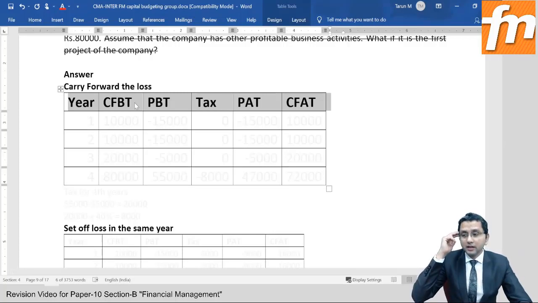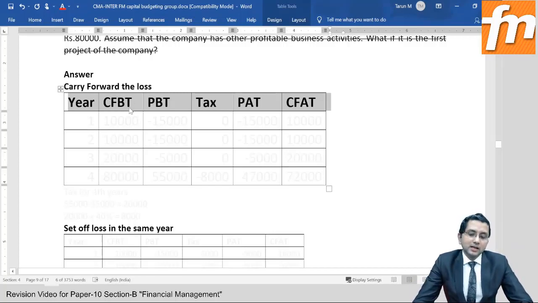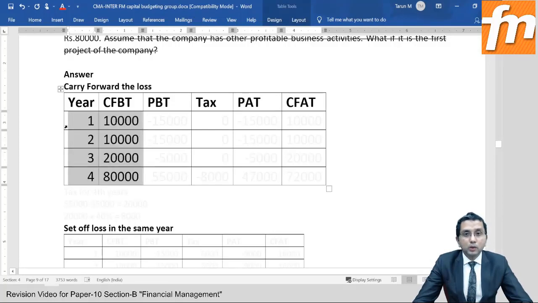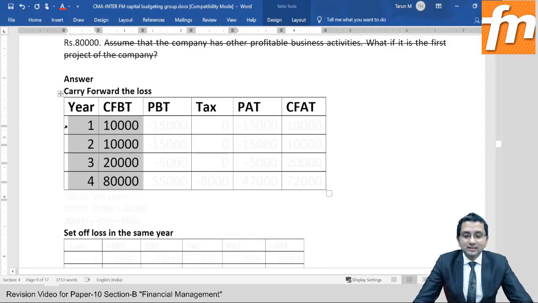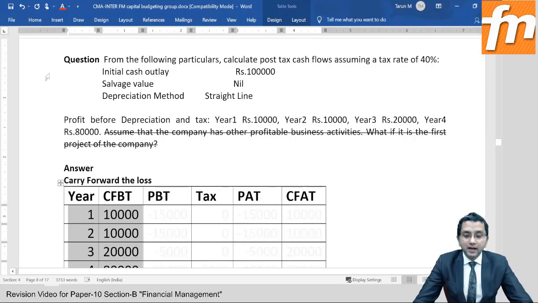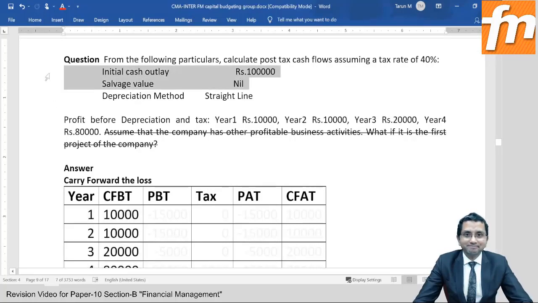So I can keep it here. I need not note it down. I deduct depreciation to arrive at PBT. Then I'll calculate tax. Then I'll deduct it to arrive at PAT. And then I add back depreciation to arrive at CFAT. So look, there are 4 years. CFBT given in the question is 10, 10, 20 and 80,000. Depreciation, we have identified it to be 25,000 rupees.